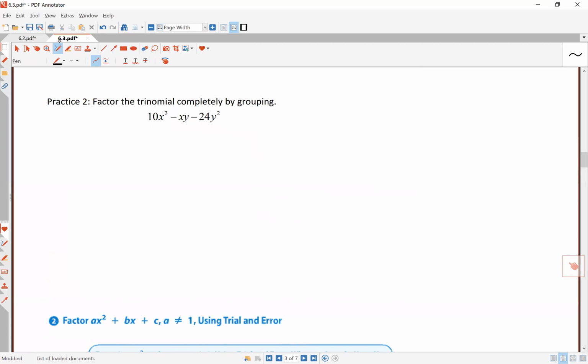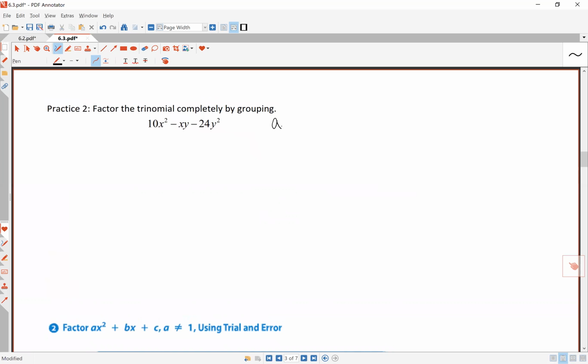A is equal to 10, and C is equal to negative 24. So we want two numbers whose product is negative 240 and whose sum is B. Well, B is negative 1 because of the negative xy.